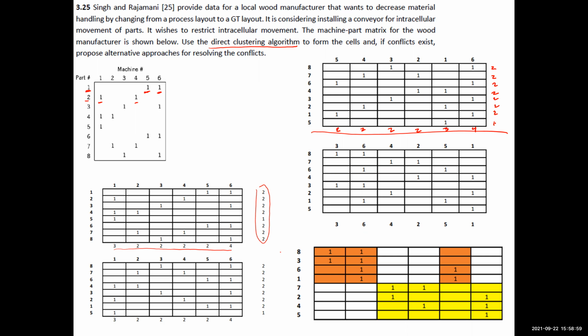Okay, so after you sort those parts appropriately using the steps of the algorithm, then we can start looking at moving rows and columns. So we're going to start with the columns. We're going to look at the first row, which is row 8.